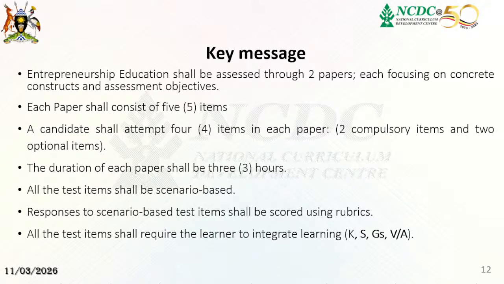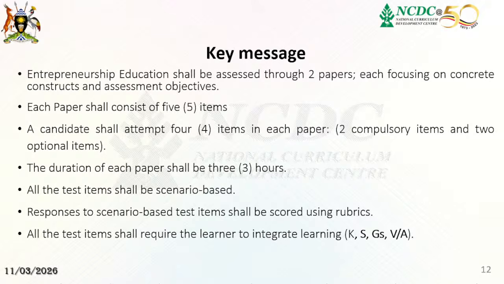Also, we have to appreciate that responses to scenario-based test items in entrepreneurship education at A level shall be scored using rubrics. We have to score our learners using rubrics. We also need to appreciate that all the test items shall require the learner to integrate learning, that is knowledge, skills, generic skills, values, and attitudes.